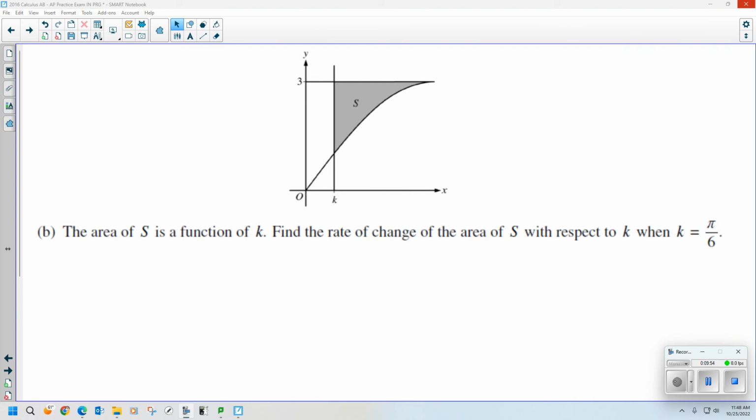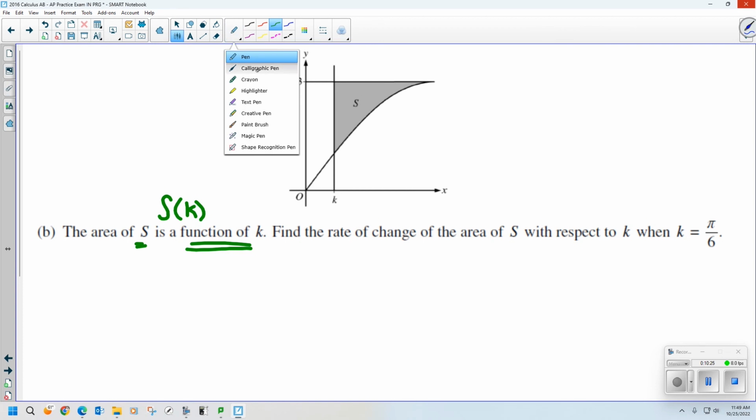4b, the area of S is a function of K. Find the rate of change of the area of S with respect to K when K is pi over 6. All right. There's a few things that jump out at me. The area of S is a function of K. So I'm just going to write that S of K. Okay?